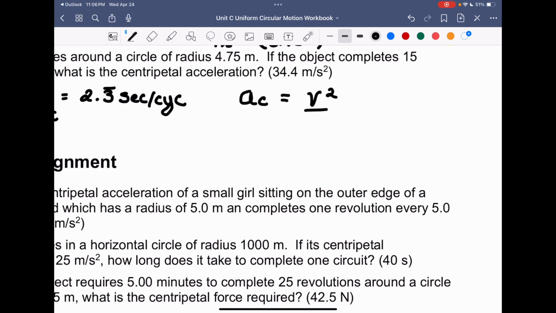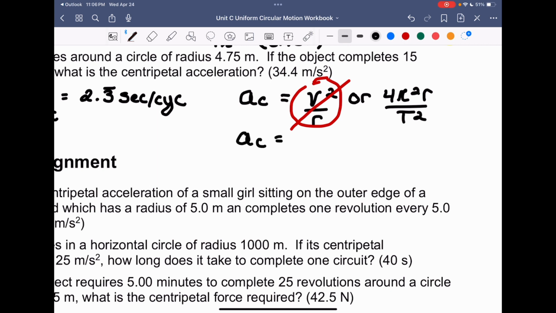So we could either say it's v squared over r, or our other form is going to be 4 pi squared r divided by t squared. Now, on surface value, you're like, well, we weren't given a speed, so this formula doesn't apply to us. It's not important. In fact, we're going to say that our AC is equal to 4 pi squared r over t squared, because we're able to find our period. We do have our radius, but we definitely don't have a speed, so we don't want to go that direction.